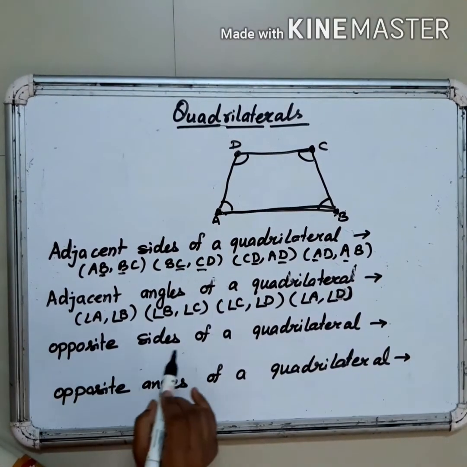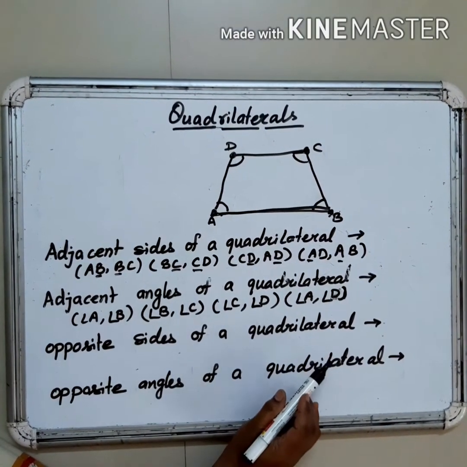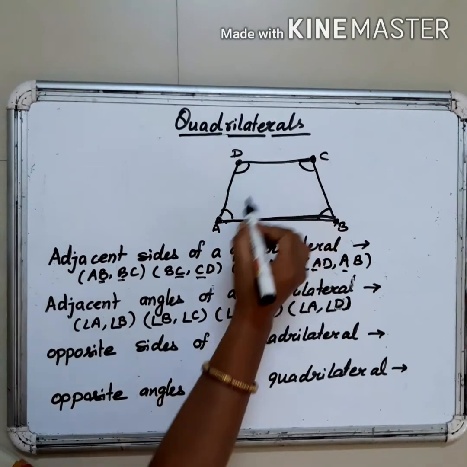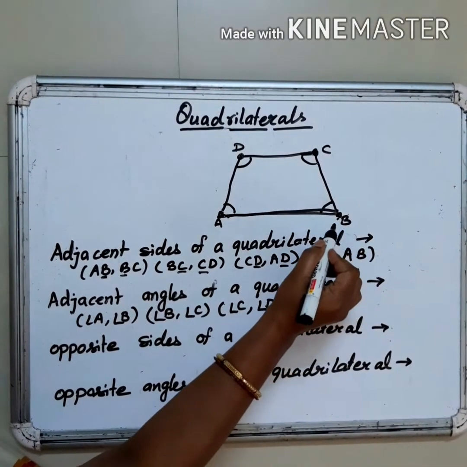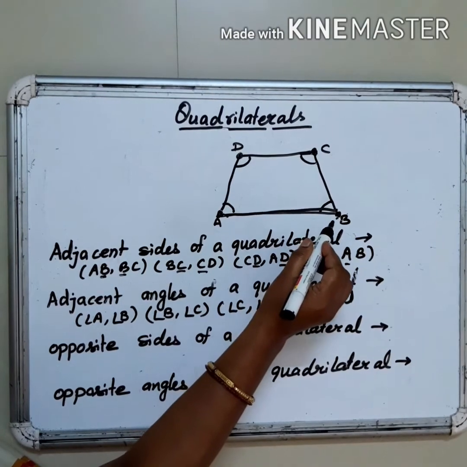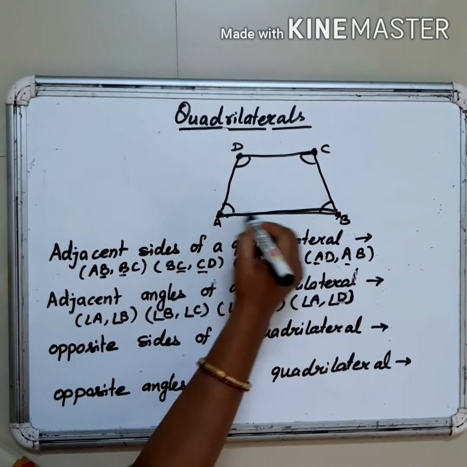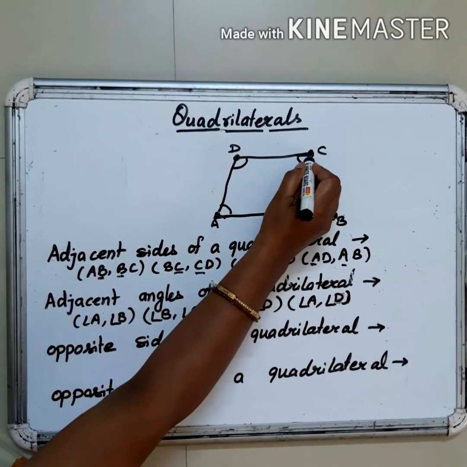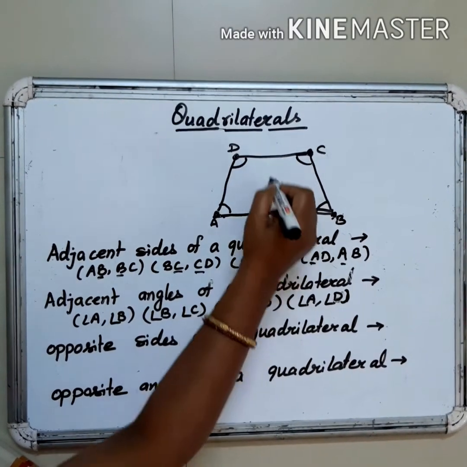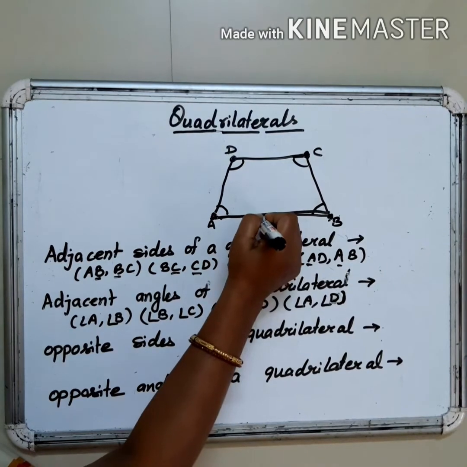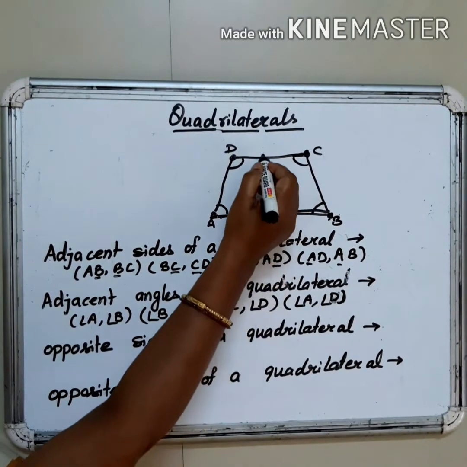Then, opposite sides of a quadrilateral. Two sides of a quadrilateral are called opposite sides if they do not have a common endpoint. Here AB and CD are two opposite sides, because the two lines do not have any common endpoint. How many pairs of opposite sides in this figure?